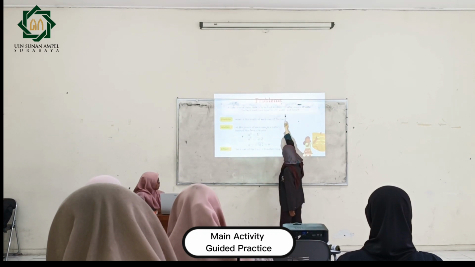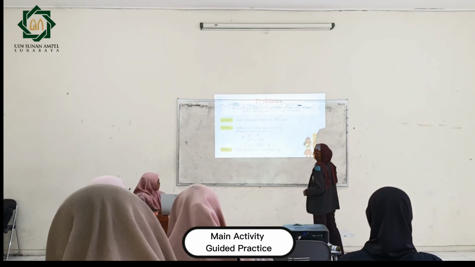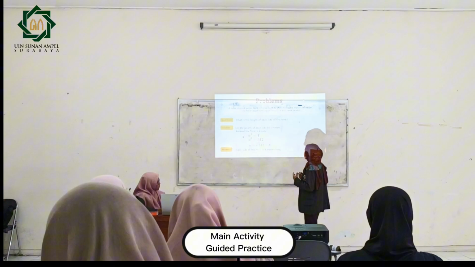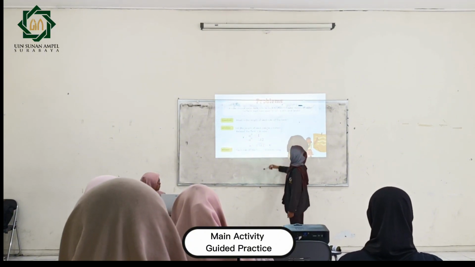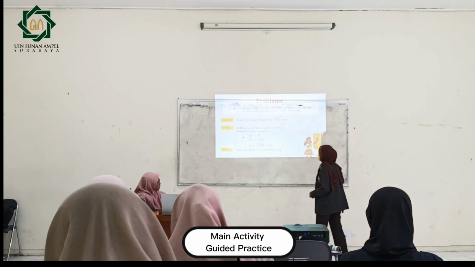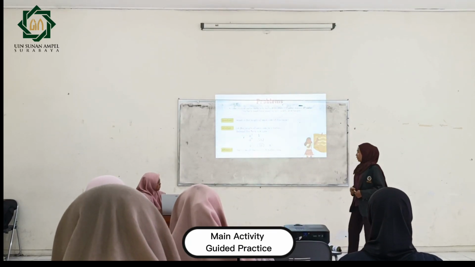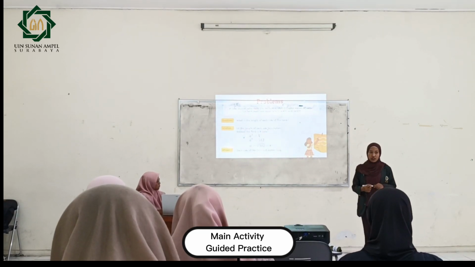This volume is 512. So we can find the side of the cube with the cube root of 512. So it equals 8. Okay, so each side of the tank is 8 meters long.